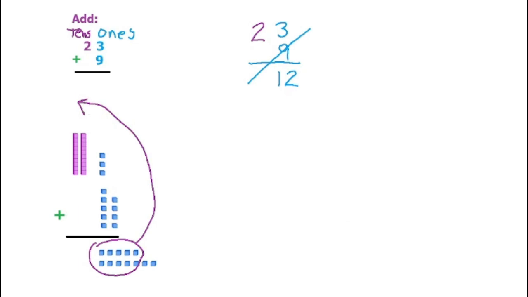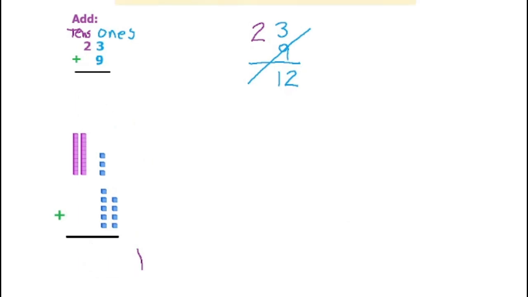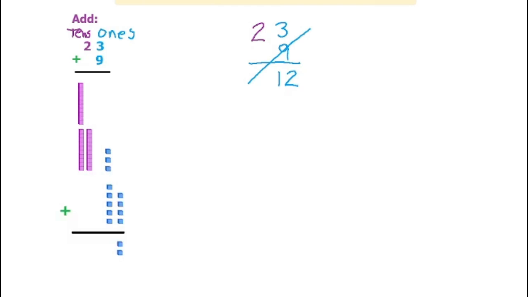So how would that look? It would look like this. We would now have 3 in the tens, so 30. And then we would only have 2 left here.